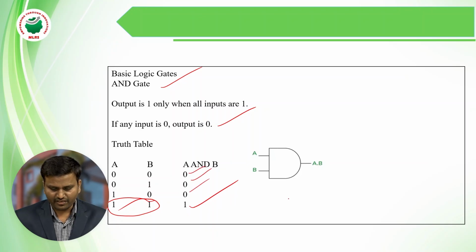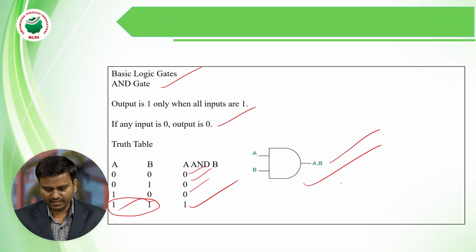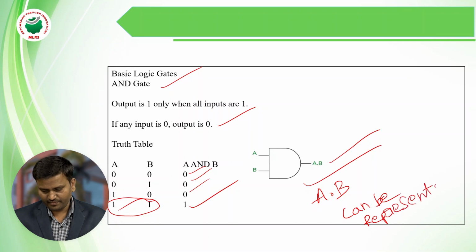So the AND gate is represented like this. A and B are combined, represented as A dot B, with the AND symbol. This is called AND.